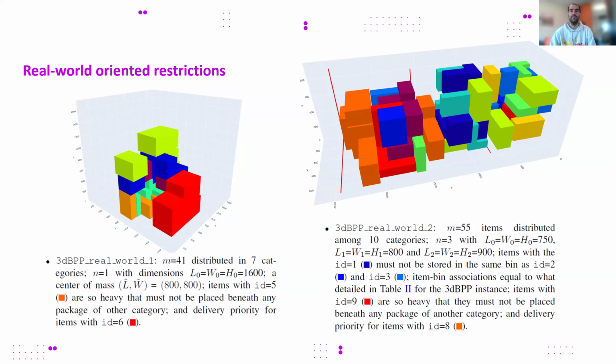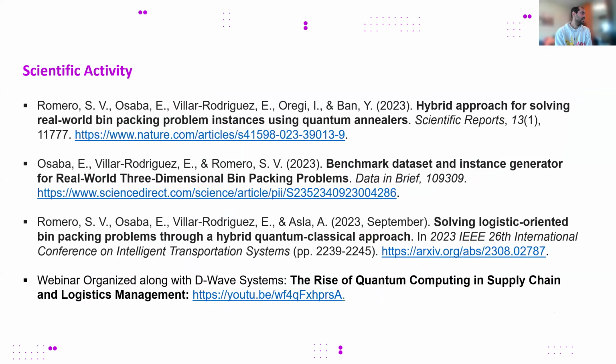I know that some participants, some attendees, may want more detail on the mathematical formulation. For example, we have different articles published. The first 3 are in 2 different journals, and also in one top quality conference about intelligent transport systems.